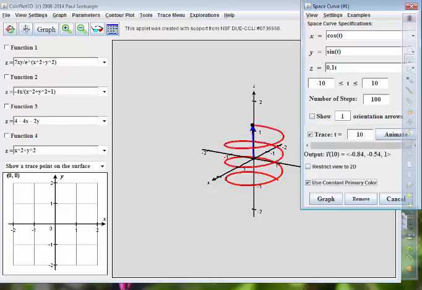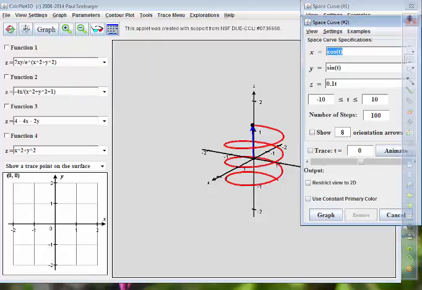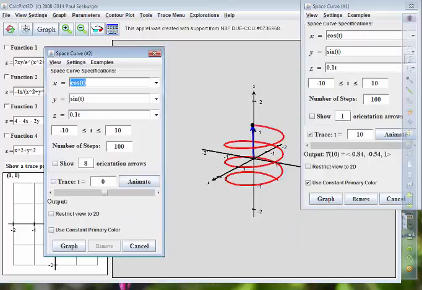Use primary colors. So Sarah, there you just have one color, and then you can add another graph here if you want. So we can add another space curve, space curve number 2.